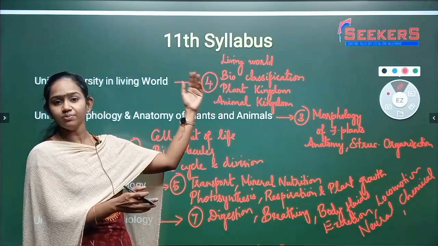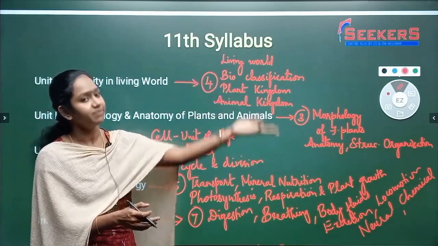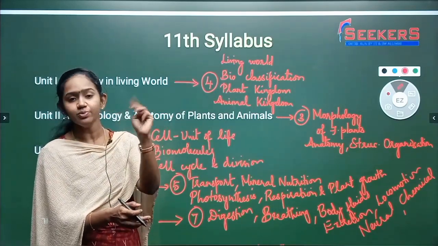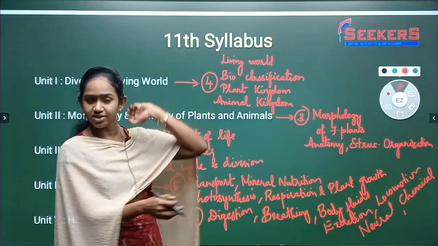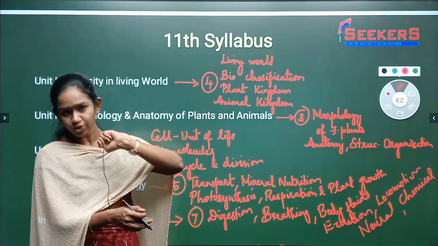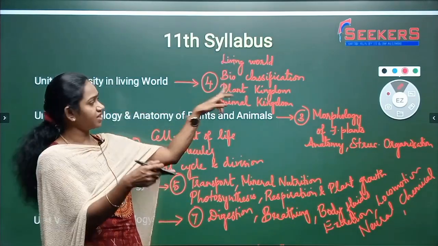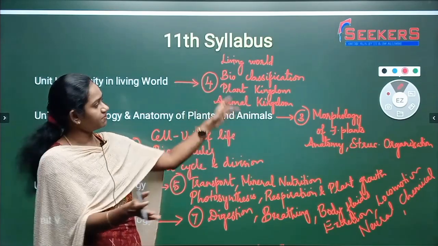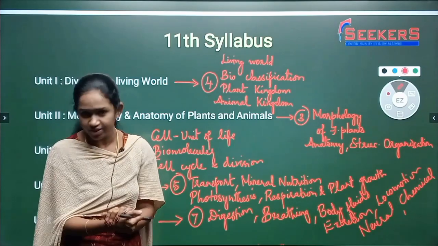So kingdom Monera, Protista, Fungi, Plantae, Animalia. In those 5 kingdoms, the first 3 kingdoms, Monera, Protista, Fungi, we will deal with in biological classification, that is chapter number 2. The last 2 kingdoms, Plantae and Animalia, we are going to study as separate chapters, plant kingdom and animal kingdom, in the first unit itself.